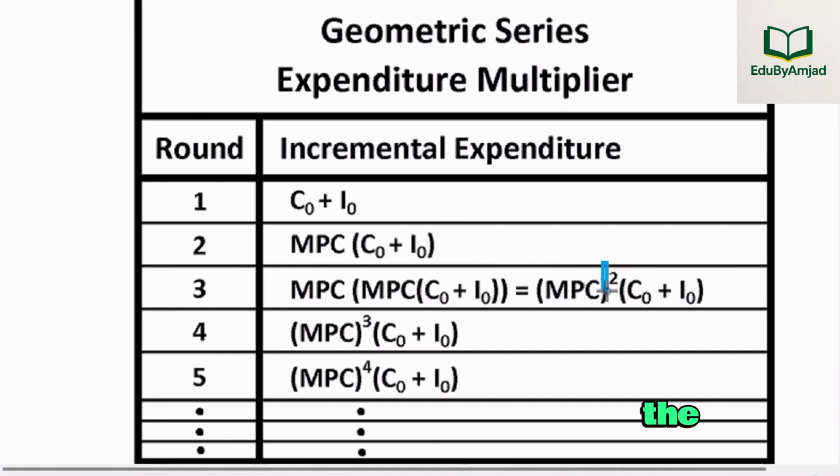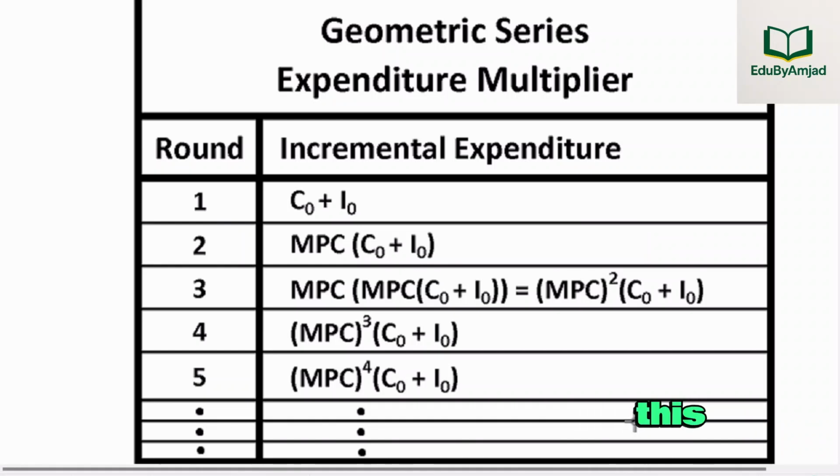If we factor out the MPC, we see that in every new round, the power of the MPC increases, and the resulting smaller and smaller fraction is multiplied by the autonomous spending injected at the start. In this way, incremental expenditure falls each round, until induced consumption eventually becomes negligible.